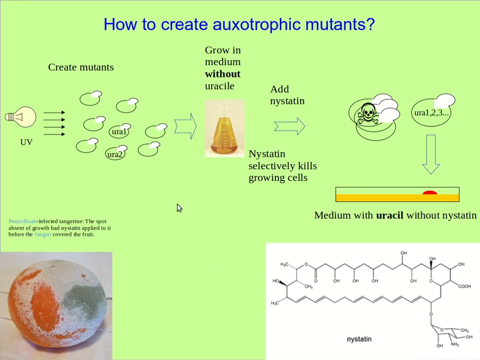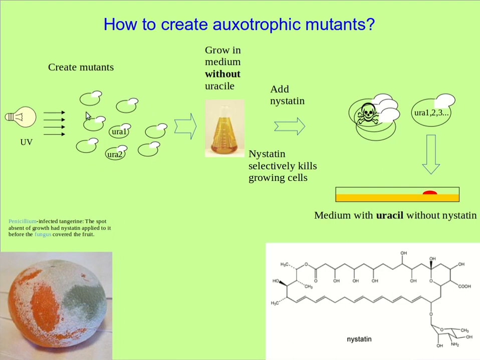This slide outlines the strategy for generating auxotrophic mutants in the uracil metabolic pathway, which is similar to the one you would use for the TRP metabolic pathway. The first step is to subject a population of cells to some kind of mutagenic treatment. It can be UV light, for instance. Here in this population, all kinds of random mutants will arise.